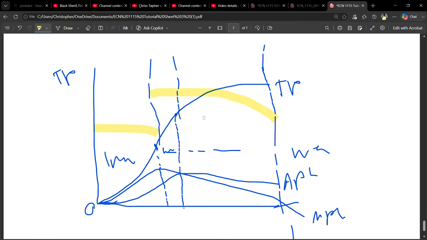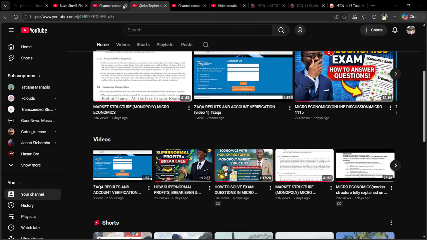It will decrease until it reaches 0. If it reaches 0, it means that total product has reached its maximum. And if you produce more after marginal product has reached 0, total product will start decreasing. It will mean that there are now negative returns. So this is the part where negative returns is there. I hope that is clear enough.